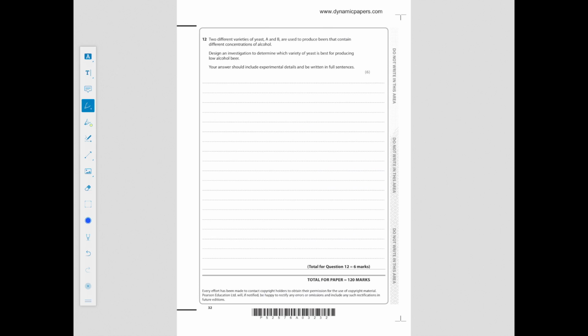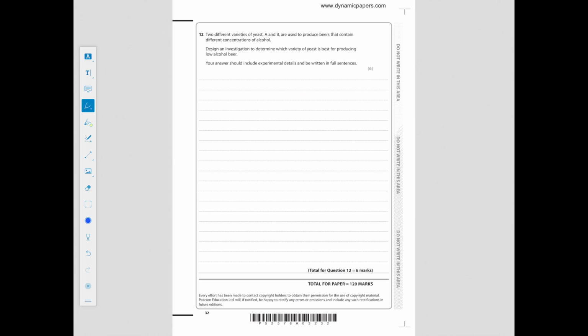on these questions. So first of all, we want to state our independent variable, and that's the thing we're changing. So we're changing whether we have yeast A or yeast B. Our dependent variable is what we're measuring. So look at what we're actually studying.